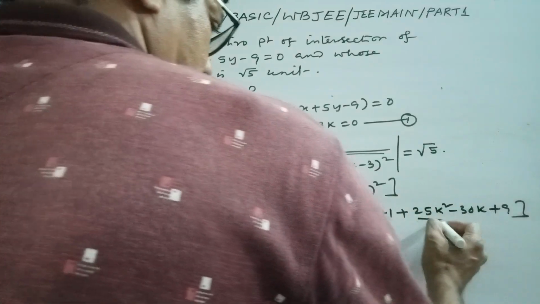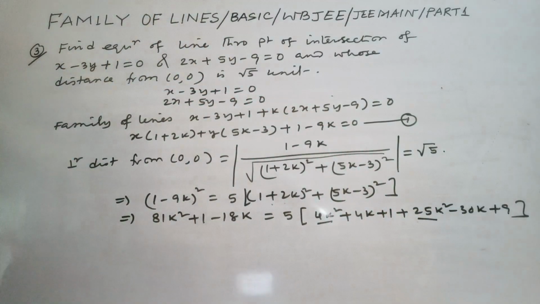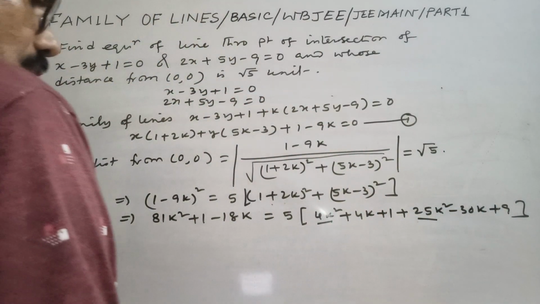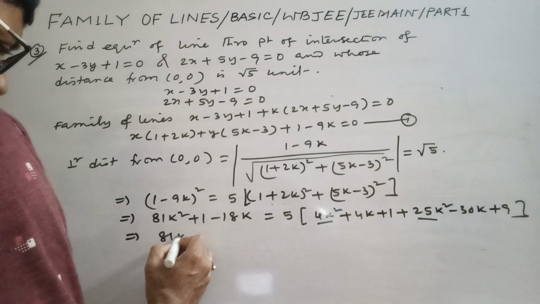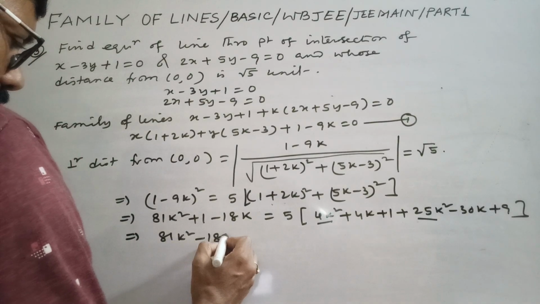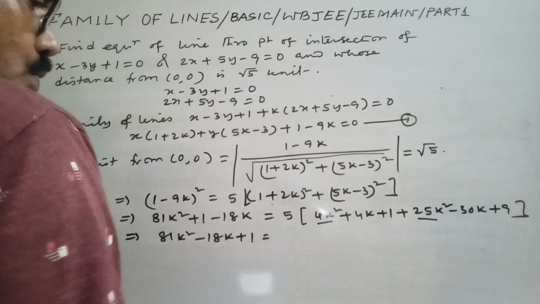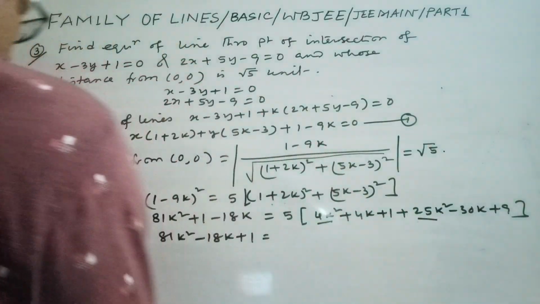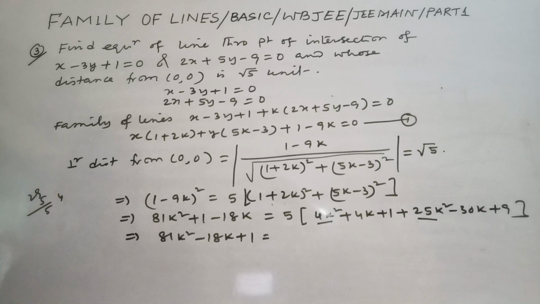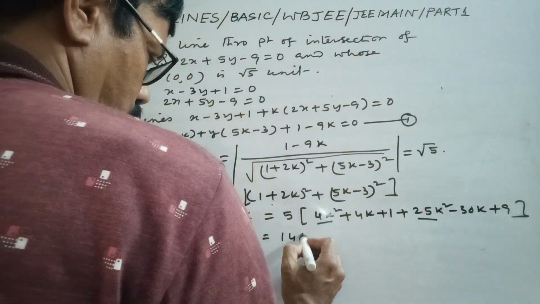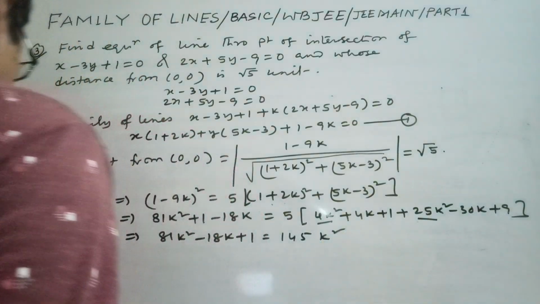So 25 and this is 4, so 29. So 81k square minus 18k plus 1. So 29 into 5, 145k square.